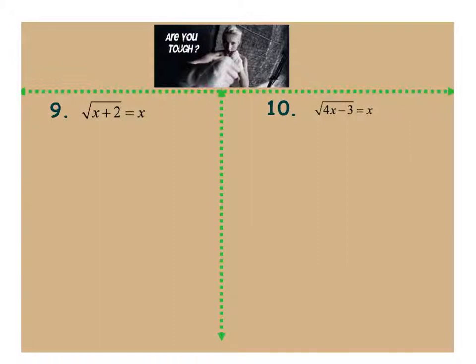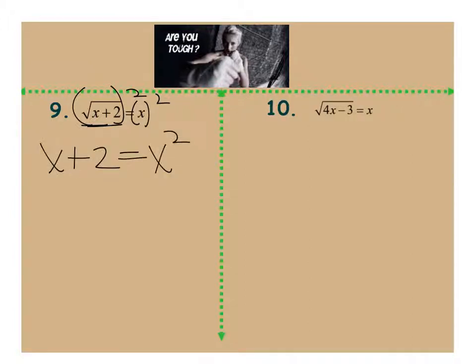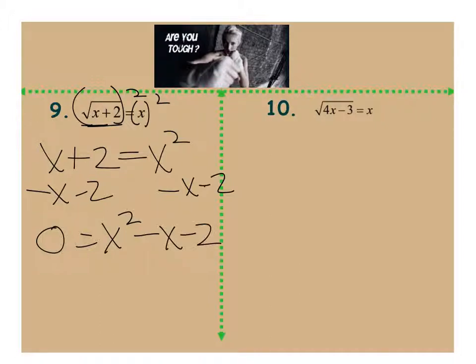So for number 9, this square root's by itself, so I square both sides. So I'm left with x plus 2 equals x squared. So now, subtract x, subtract 2, get it all over to one side. So 0 equals x squared minus x minus 2.